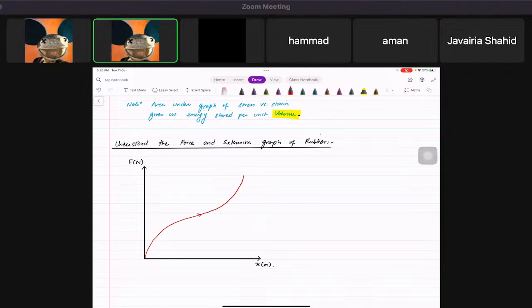So this is basically the loading. Loading means that you're putting weight on it, and then when you unload, it basically comes back like this. Not from the same point, okay? Now here, I'm going to show you three different things.